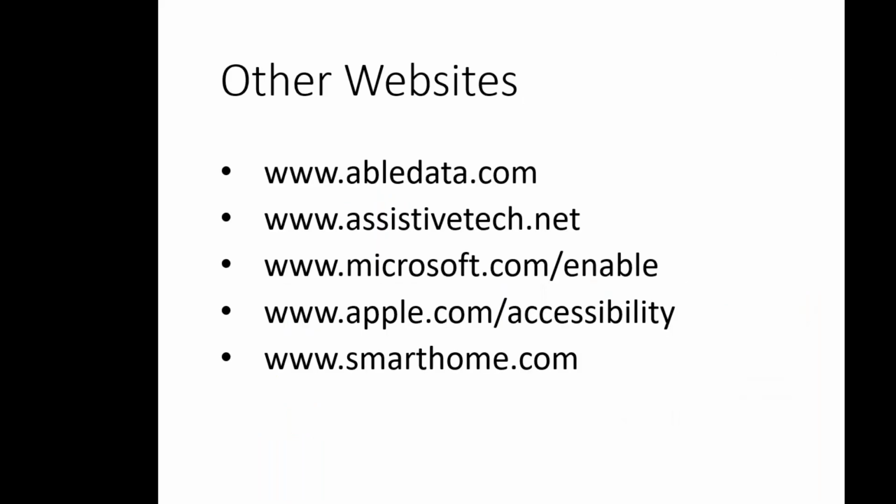Okay. Some other websites, so you've got AbleData, which they have been updating recently, so that's really nice to see. You've got assistivetech.net, and you have your microsoft.com/enable, your apple.com/accessibility. Google also has an accessibility area, and then there's smarthome.com. So lots of different areas.